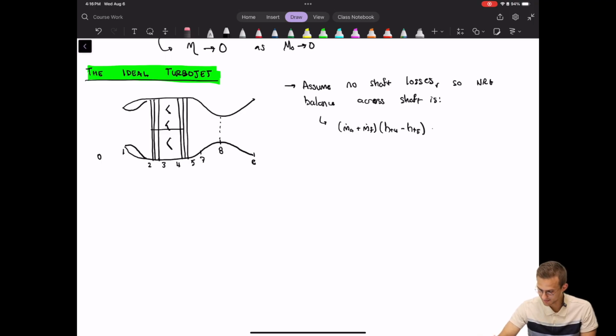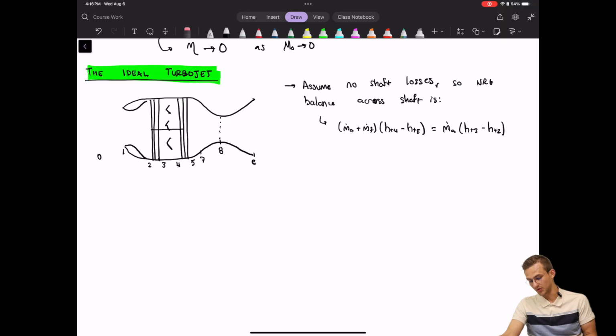It is equal to m dot A times HT3 minus HT2, since the compressor doesn't have fuel passing through it; it's before the burner, and the burner is where the fuel is injected. The energy you're pulling out of the turbine is what is being injected into the flow by the compressor. So HT3 minus HT2 is how much energy the flow is gaining across the compressor.